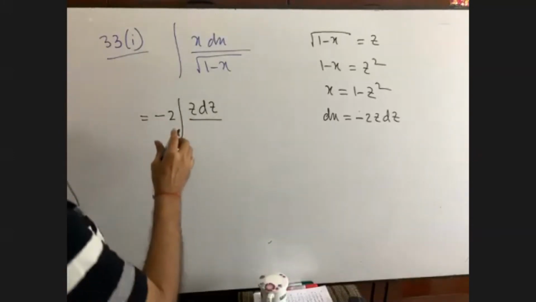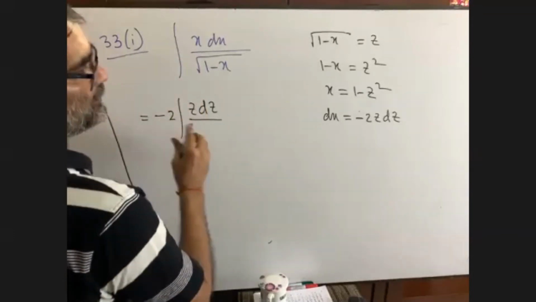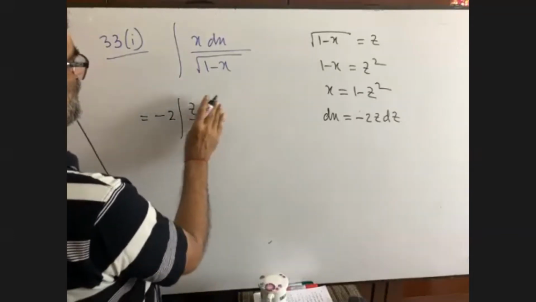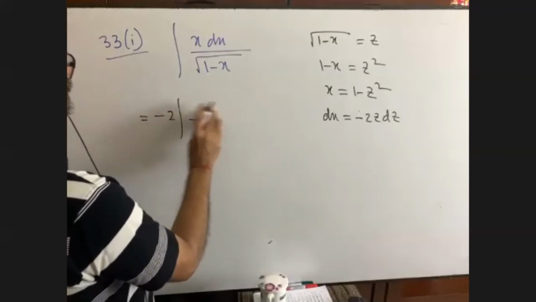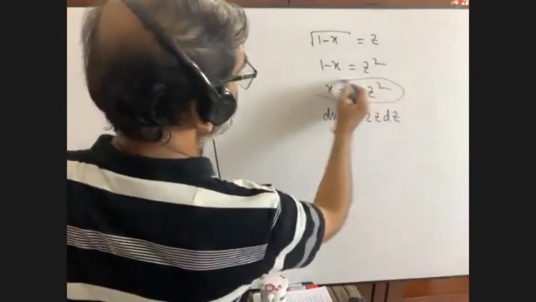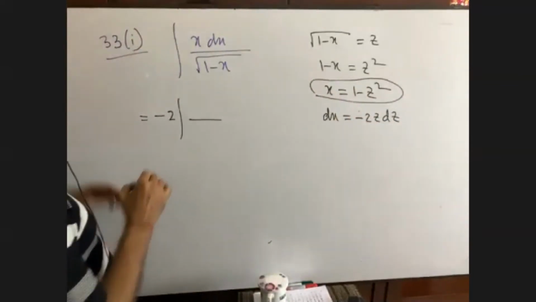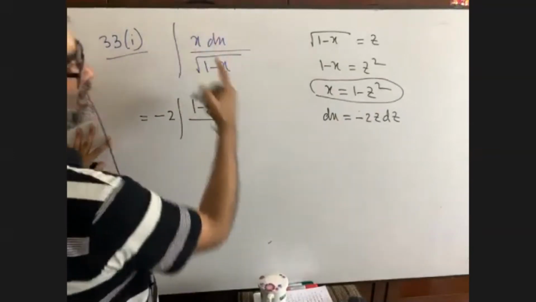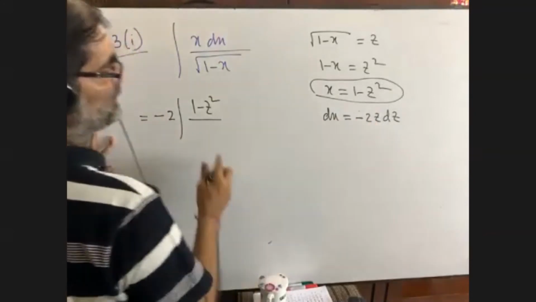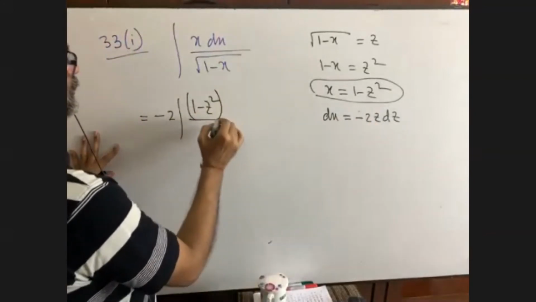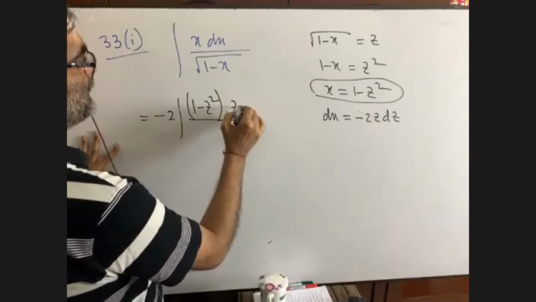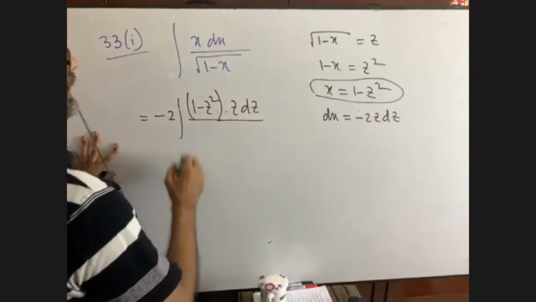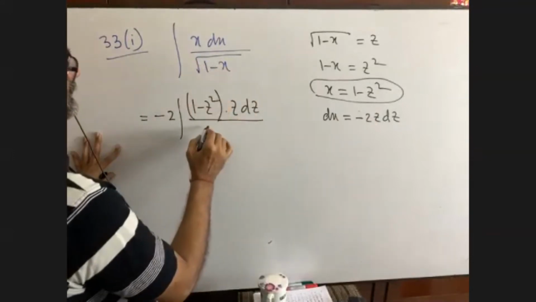What is the value of x? x is 1 minus z square. What is the value of dx? The value of dx is z dz, into z dz. And root over 1 minus x is z here.